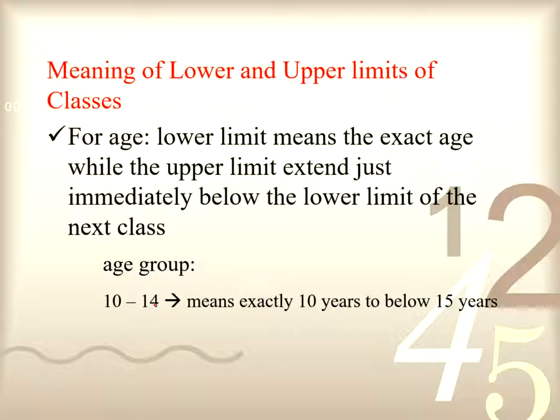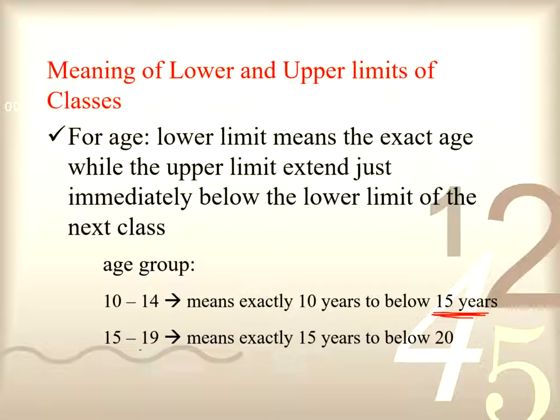But, below 15 years old. So, hanggang pag birthday mo na bukas, 14 ka pa din nun. So, just below 15 years old. So, 10 to 14 and 11 months and 20 plus days. 15 to 19 means exactly 15 years. So, pag nag-birthday ka na, hanggang bago ka mag-birthday ng 20 years old.